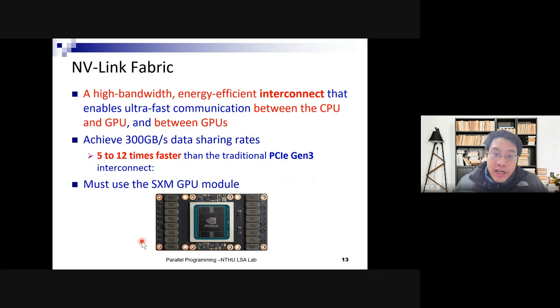The idea is basically to provide their own bus to directly connect their GPUs, so it could achieve more than 10 times the bandwidth of the traditional PCIe bus. And just to let you know, to provide NVLink, right now there are two ways.